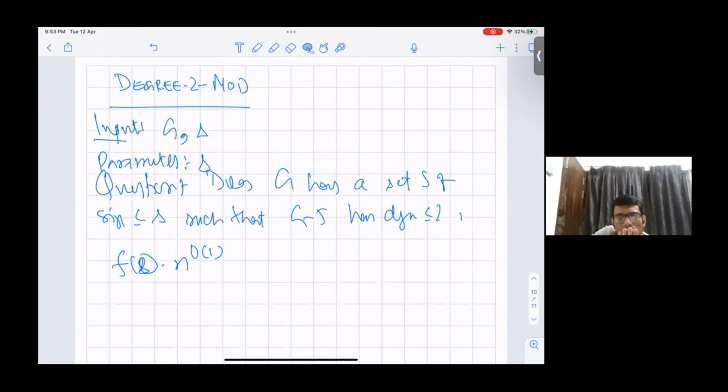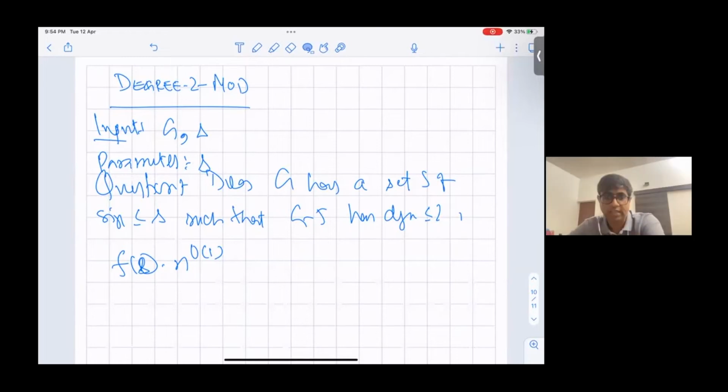Can we design an algorithm for this problem? Again, all of you know an answer. There's absolutely no one here who does not know the answer.